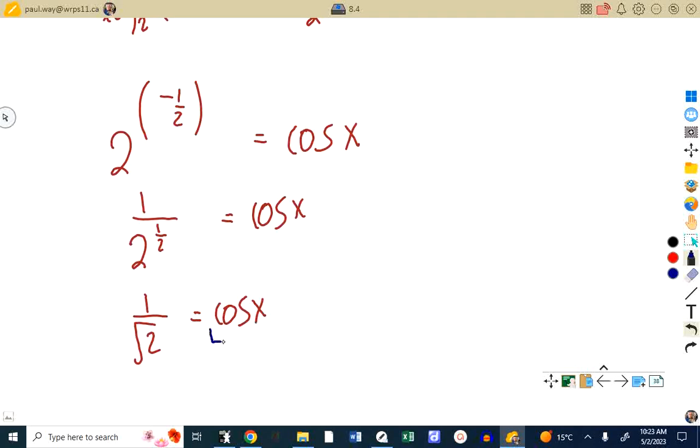You should know that on the unit circle, this is the x coordinate on the unit circle.